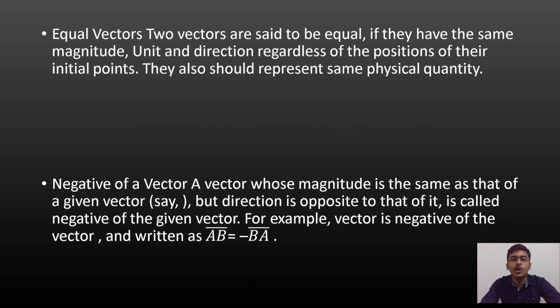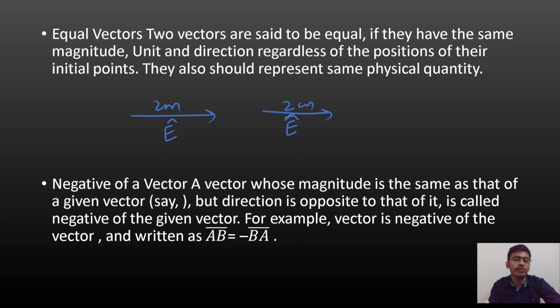Let's talk about equal vectors. This is where my point of units being the same comes in. Two vectors are said to be equal if they have the same magnitude, unit and direction. So if I have 2 meter east and I have 2 centimeter east, they are not equal because the units are different.